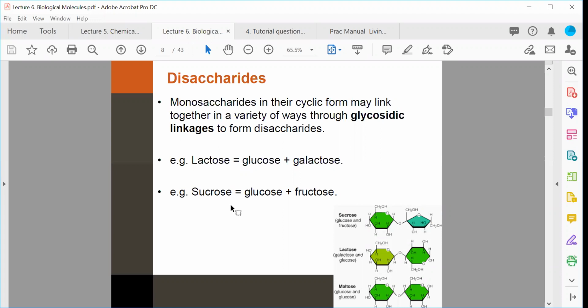Why wouldn't they transport glucose from one part of the plant to the other, from where it's made to where it's needed, for example? Why not glucose? Why sucrose? Any idea? It's not really obvious. Why do plants transport sucrose and not something like glucose or fructose?